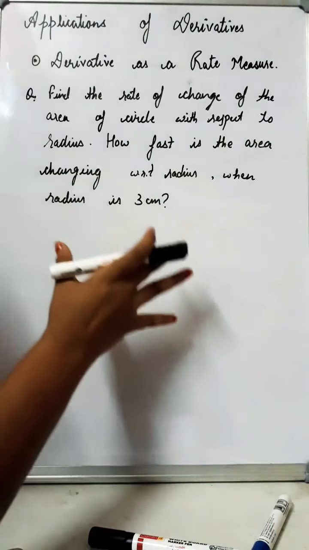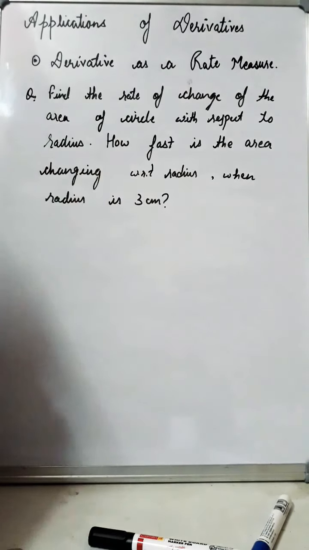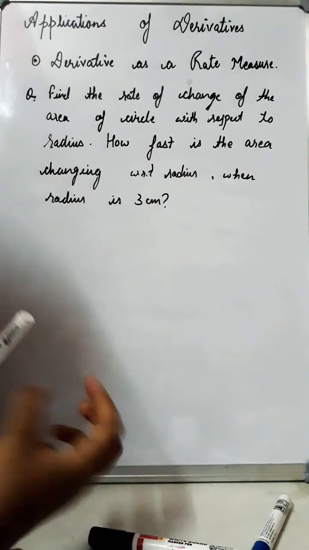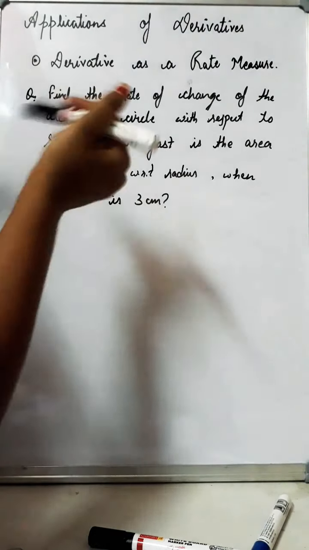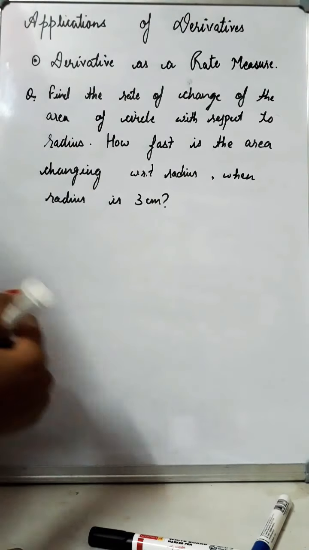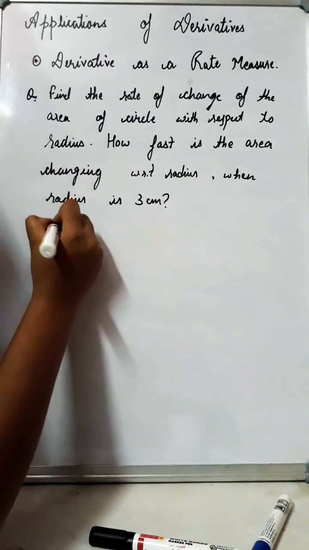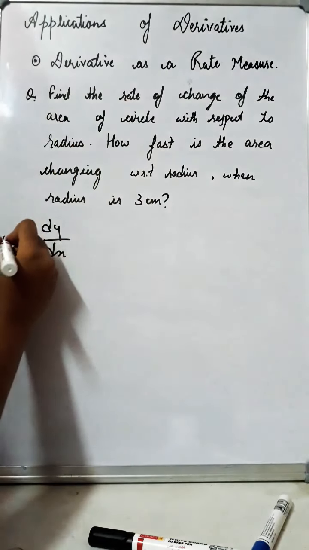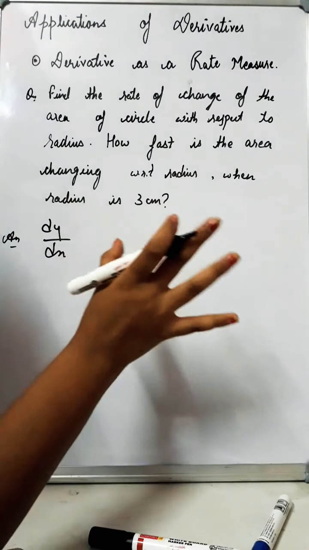Now if you look properly at this question, the first thing that you have to find is the entity or the function that is changing. Means you have to take out the function where change is happening, either increasing or decreasing. When you have to find dy/dx, you're talking about the rate of change. That means you're going to find the derivative, you're going to differentiate it.